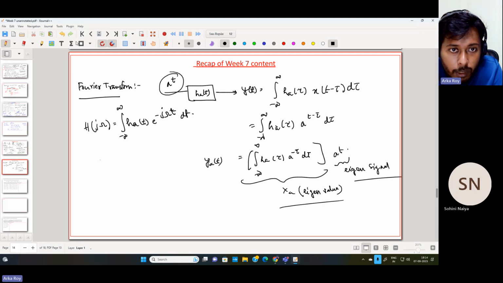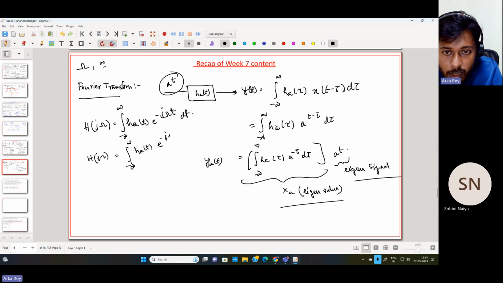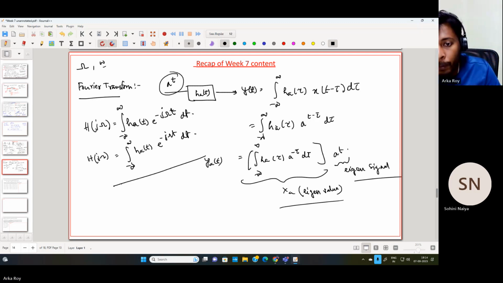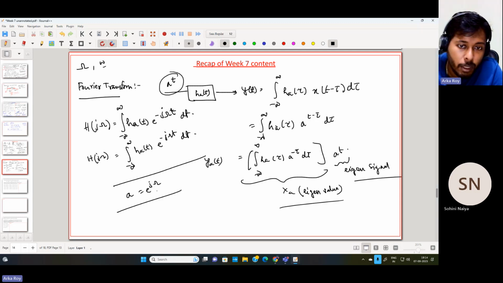I will denote analog frequency by this and digital frequency by this. So H j omega is the integral from minus infinity to infinity of ha t e to the power minus j omega t dt. This happens when a is equal to e to the power j capital omega.